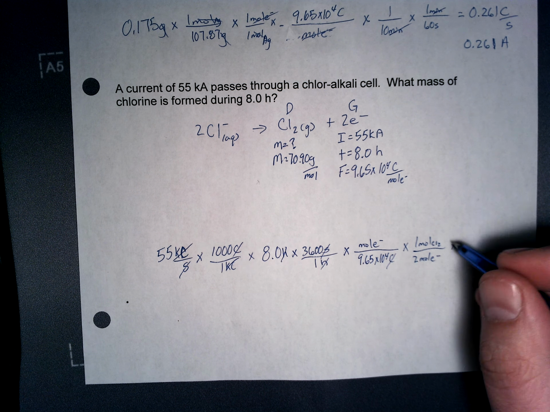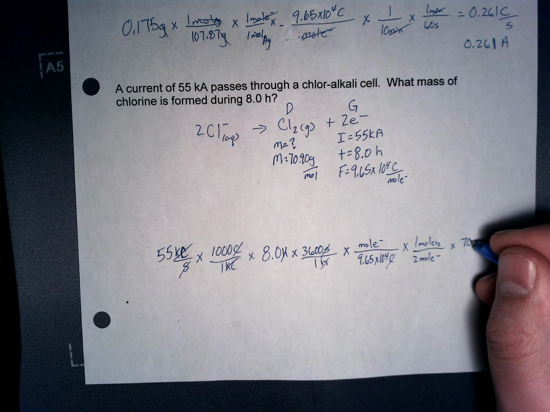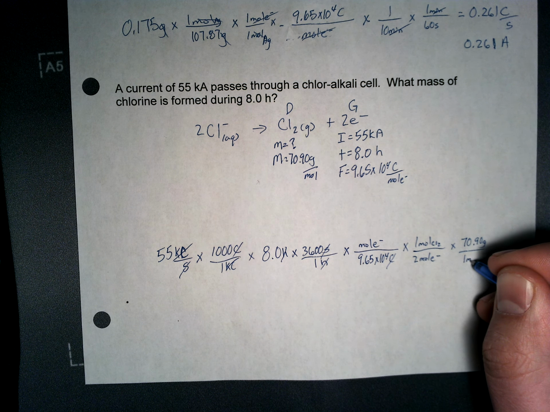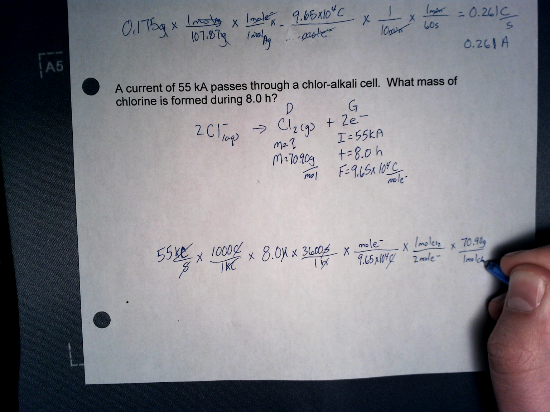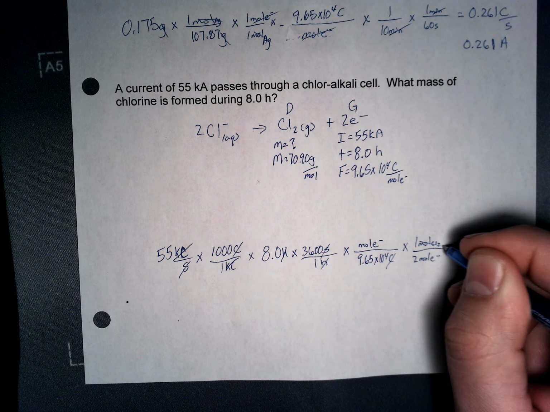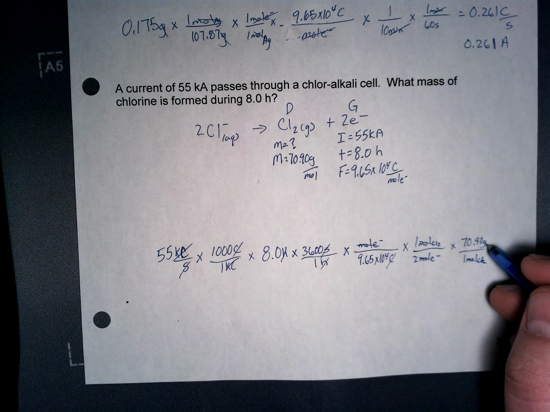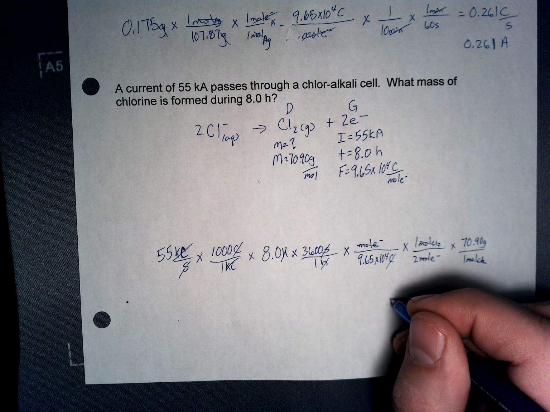Now I'm going to times that by 70.90 grams for every 1 mole of chlorine, our molar mass. This cancels, so the only thing I'm left with is grams.